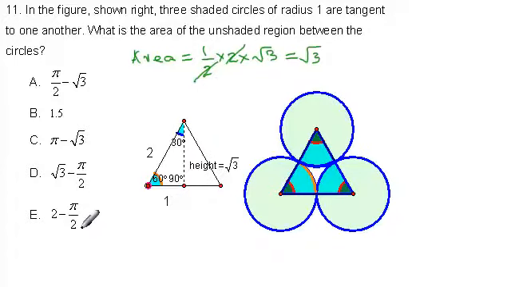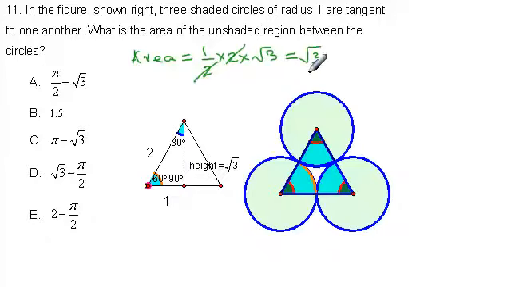We can check all the given choices, and none of the choices other than D shows something being taken out from square root 3. Square root 3 minus pi over 2. Pi over 2 should be the area of these three sectors together.